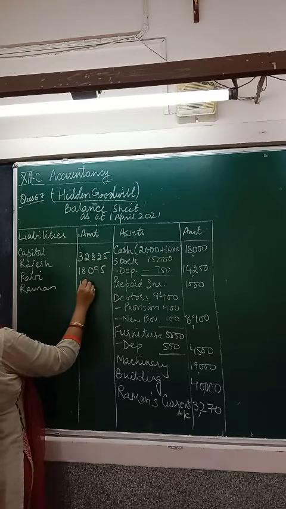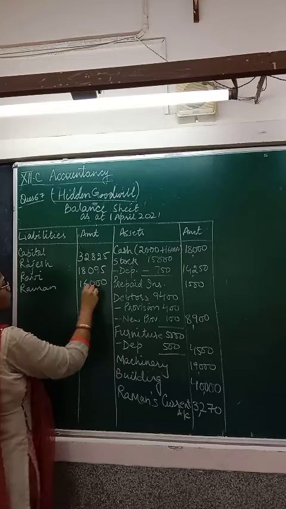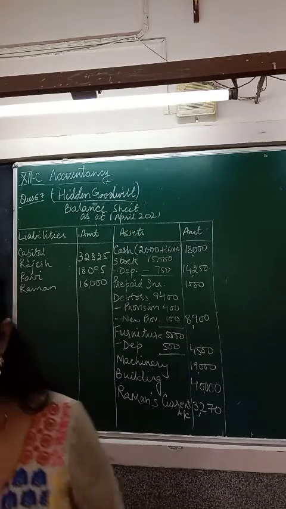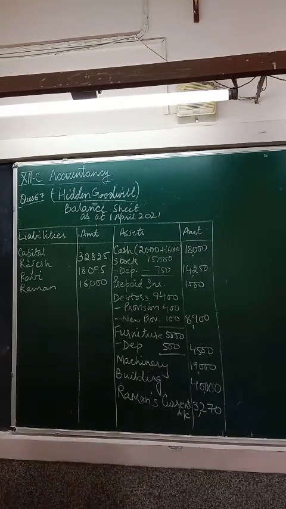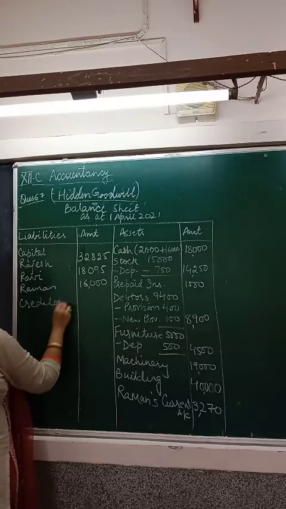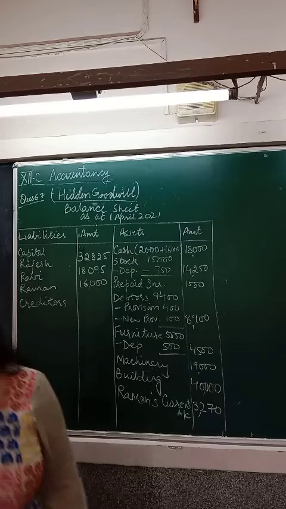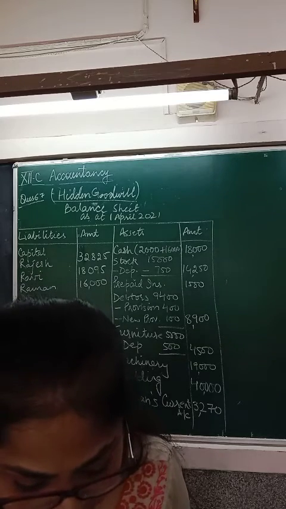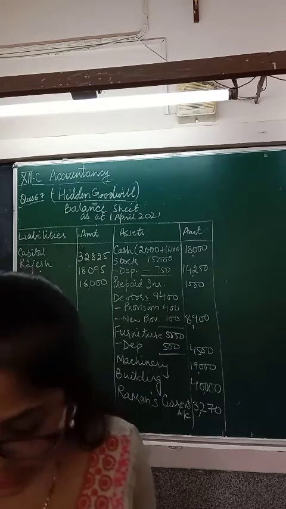And for Raman, it is rupees 16,000 that he has brought as per the question. Now what we are going to do? We are going to write the creditors. Since there was no change in the creditors, we will write the same amount, 38,500.